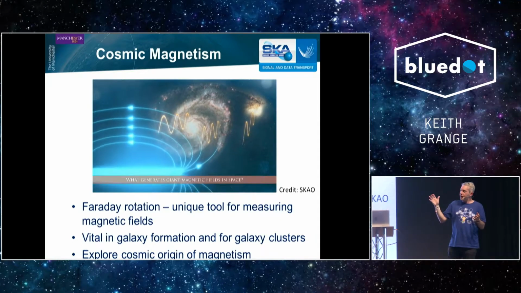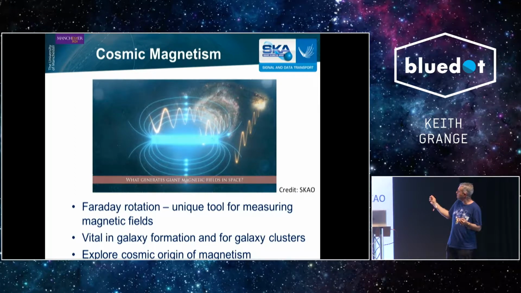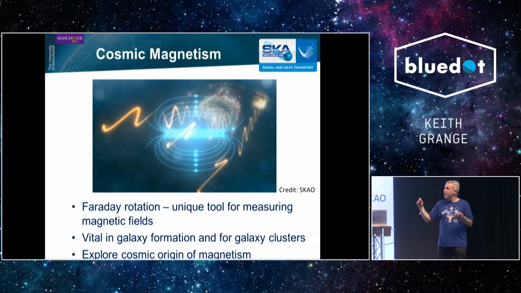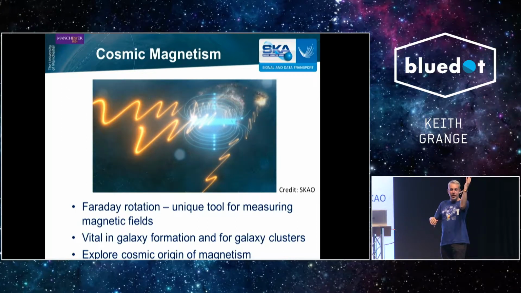Another thing that is unique to radio is to be able to use what's called the Faraday effect and look at the polarization of light. So all light has a kind of handedness to it. You know this from if you've got polarized glasses, that if you put your polarizers crossed with each other, no light gets through. Whereas if you have them oriented, light of that particular polarization can travel through the two.